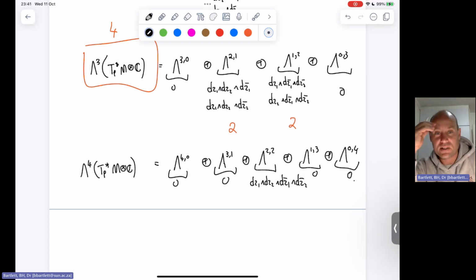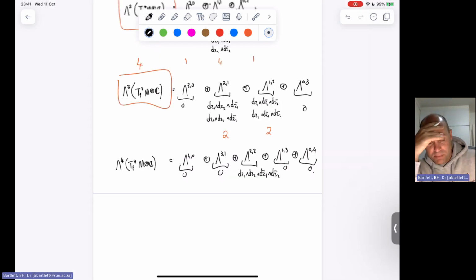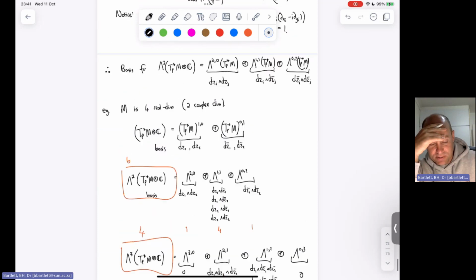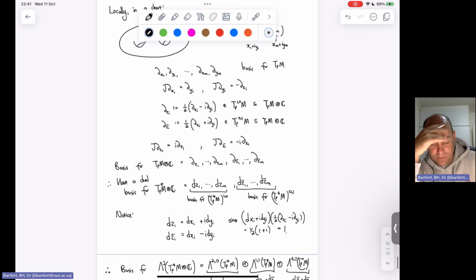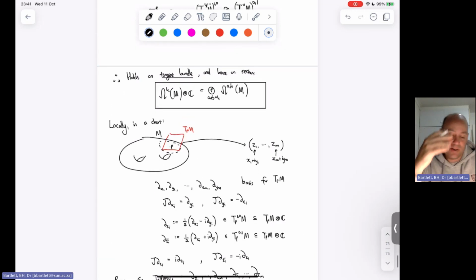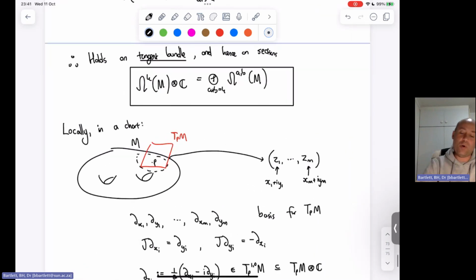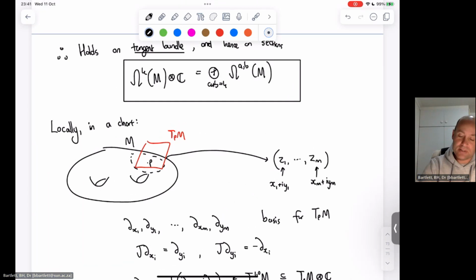Okay, so I hope you have now understood very clearly how the forms on a complex manifold, or even an almost complex manifold, decompose. That's all I needed.